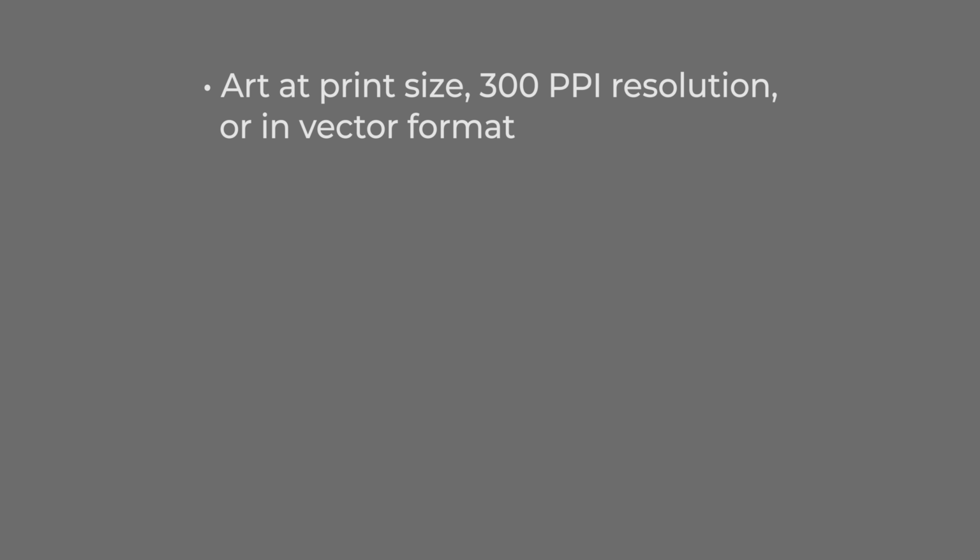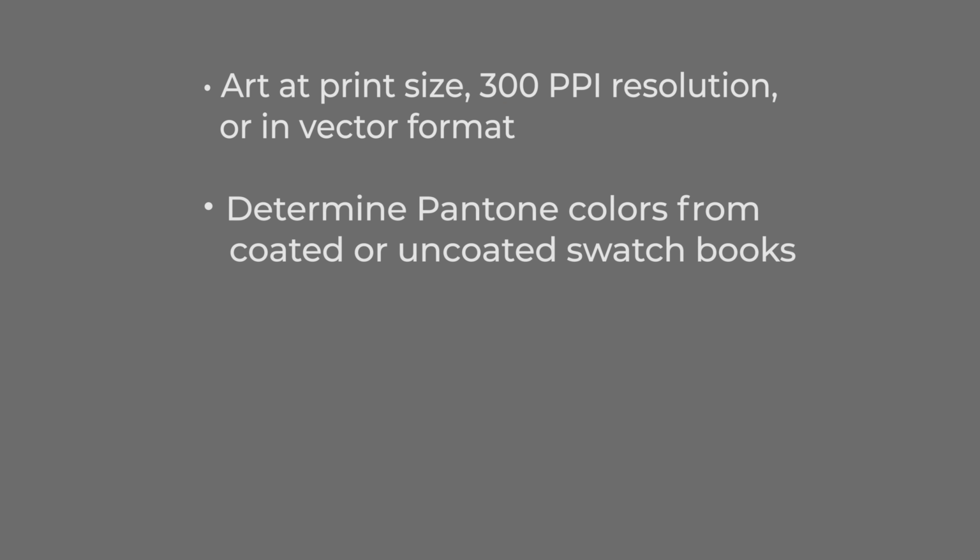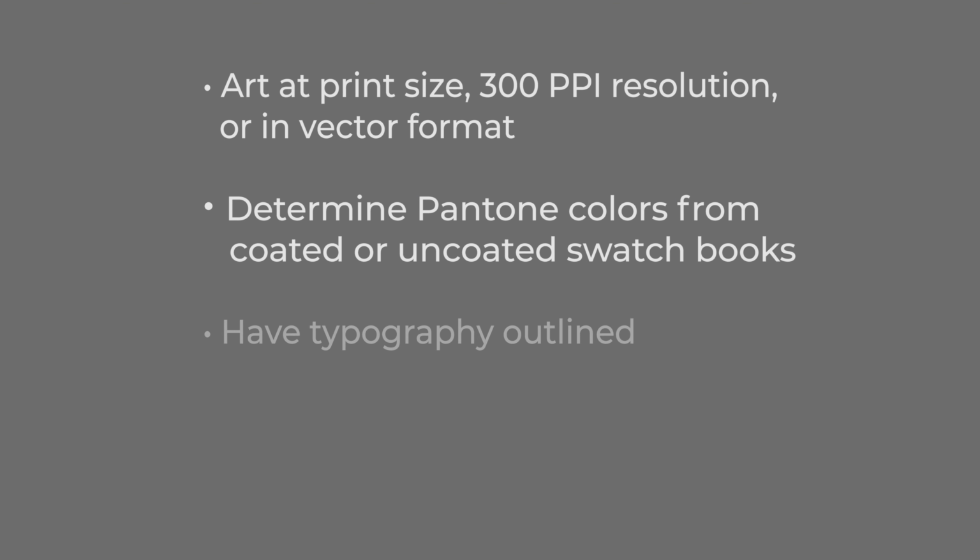Send your file over at scale at 300 ppi or in vector format, so we don't need to worry about resolution. Think about what kind of colors you're using as you design it, because we're going to need to use that typically reduced color palette to print with on press. Think about having your types, your typography outlined.